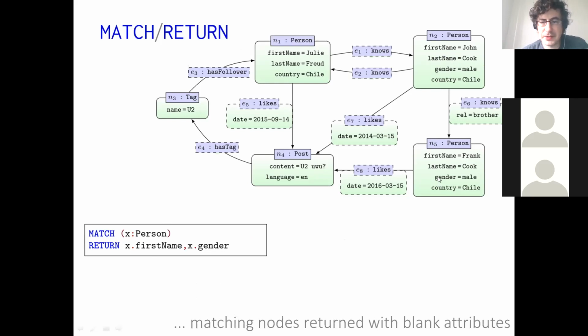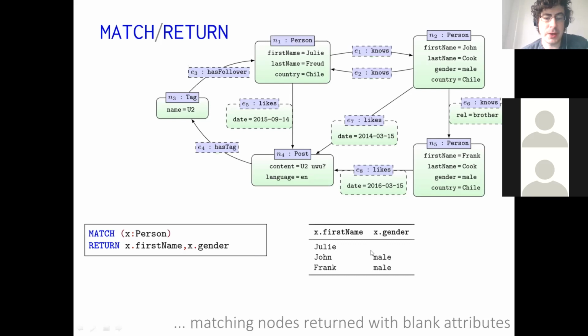First name and gender is no problem, but in the case of N1, there's no gender specified. So what happens is we'll return the results and just leave a blank for gender. Because N1 does match, we're not going to drop the result just because the gender is not available. It still matches the clause of the query.